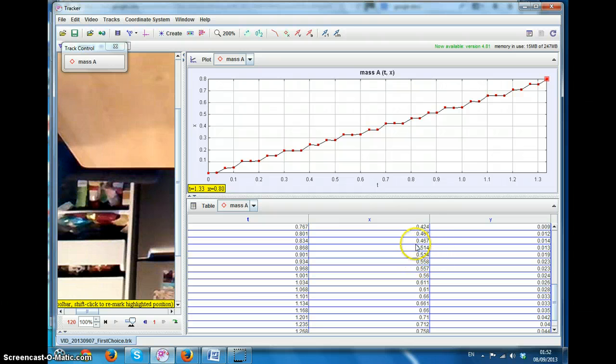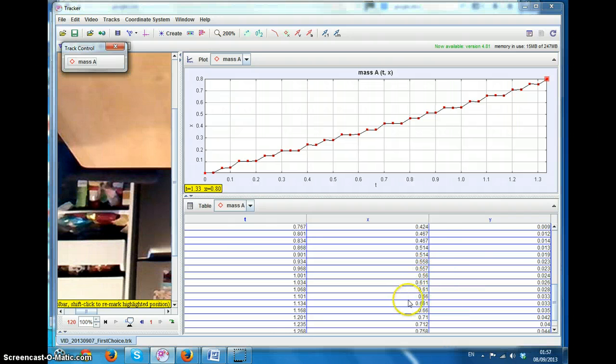So for example, here I have the same position reading for different time points, and again down here I have a cluster of very similar readings, 0.61, 0.66, 0.661, 0.66, across 4 different time points. So I'm wondering if this was due to my poor recording equipment. Thanks for listening.